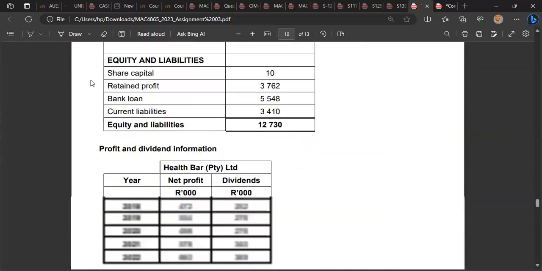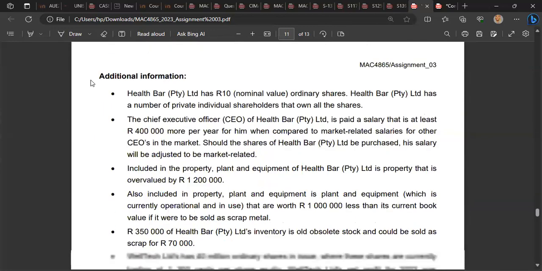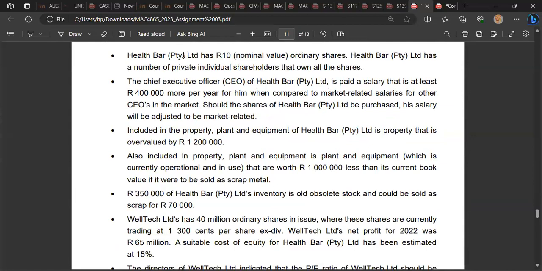Health Bar Private Limited has 10 rand, which is the nominal value of those shares, and has a number of private individual shareholders that own all the shares. The CEO is paid a salary, so there's nothing there. So we want to zero in on issues that have got assets and liabilities.